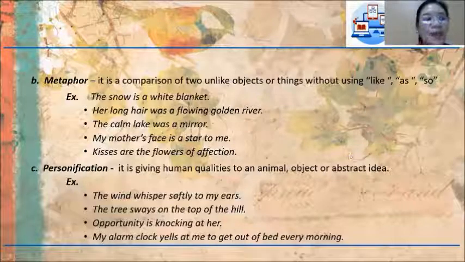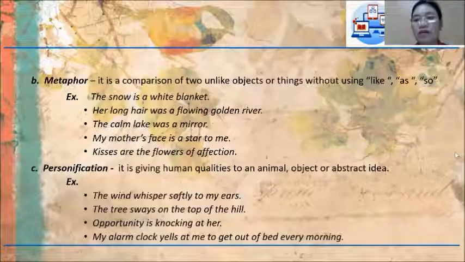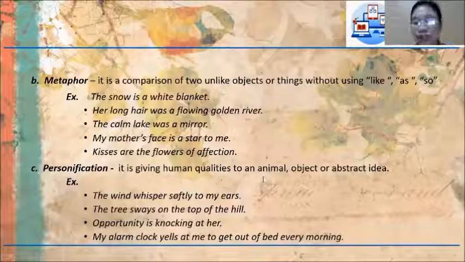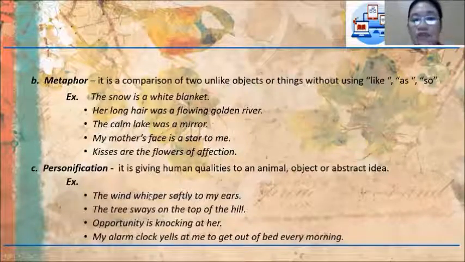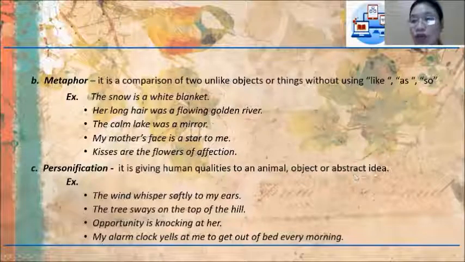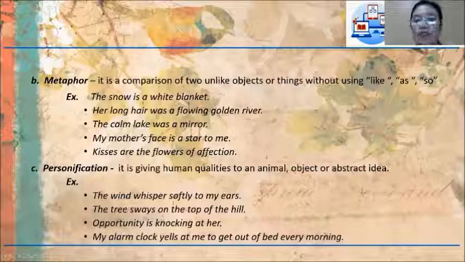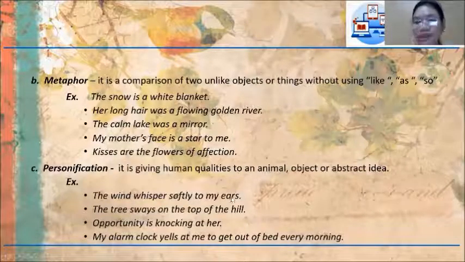Now, another figure of speech is personification. It is giving human qualities to an animal, object, or abstract idea. Example, the wind whispers softly to my ears.